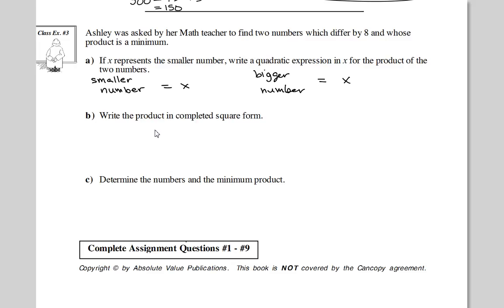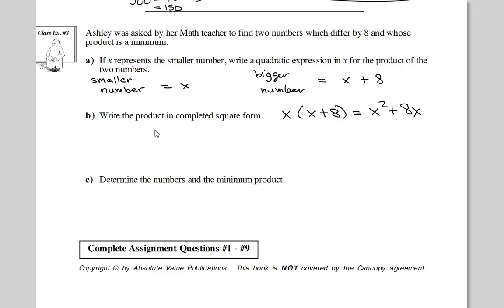Good. X plus 8. They differ by 8. If they gave you that x is the smaller number. No, because then that would be the smaller. Okay. Then it says write a quadratic expression in x for the product of the two numbers. So multiply these two things, you get x times x plus 8, and you get x squared plus 8x.